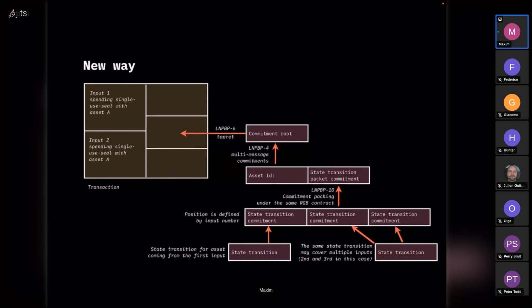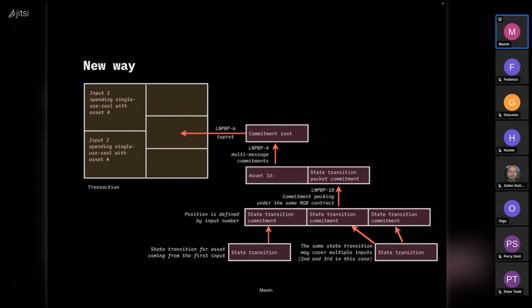And you know that assets from that input can be spent only with the state transition to which the leaf is committed. So that's the idea of how we can solve the problem of joint transactions working with the same RGB asset coming from different participants.